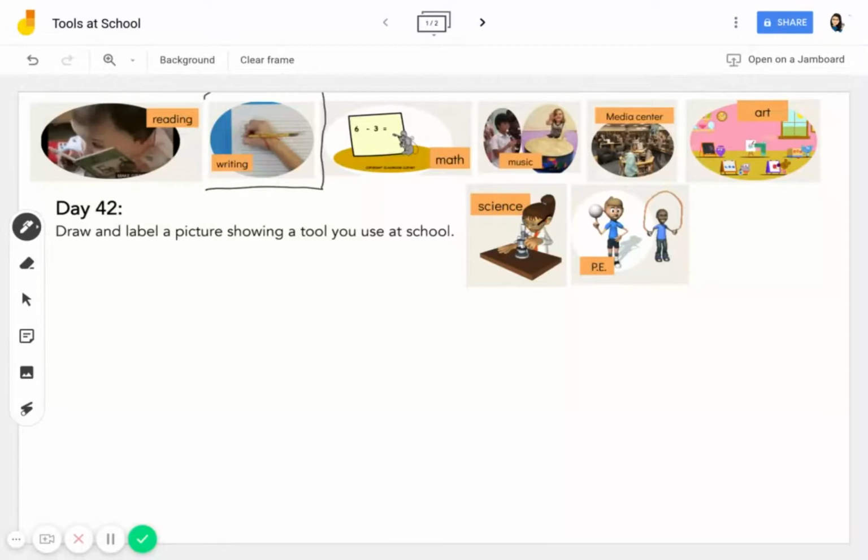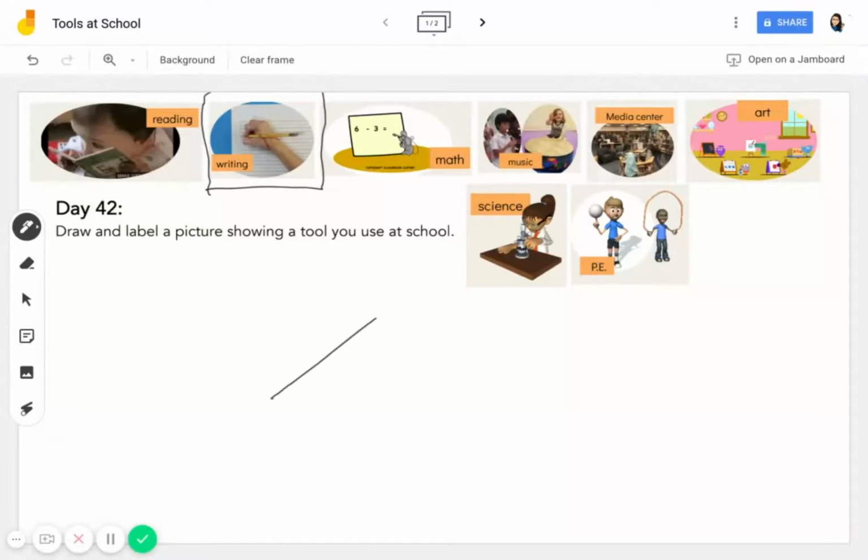Let me think. The instruction says, draw and label a picture showing a tool you use at school. I know that at school we write every day. And to write, I use a pencil and a paper. So I'm going to draw a pencil and a paper.